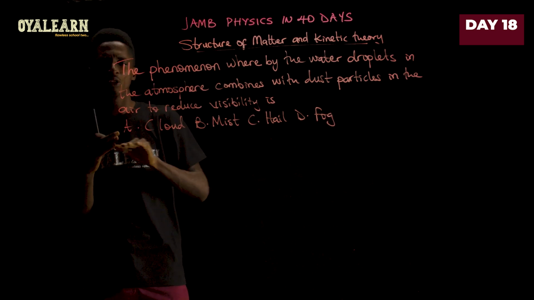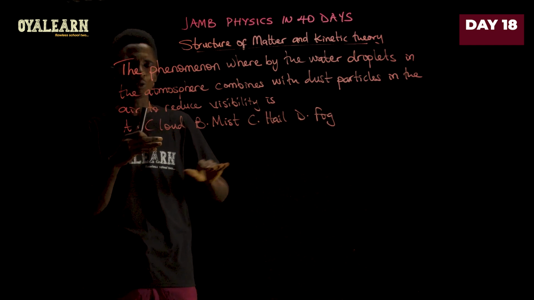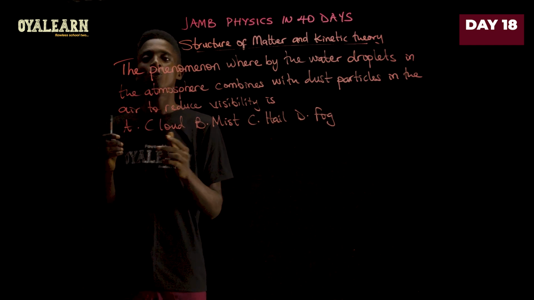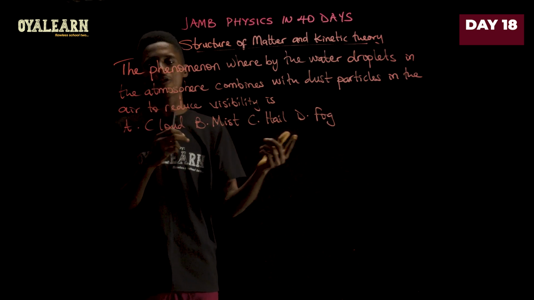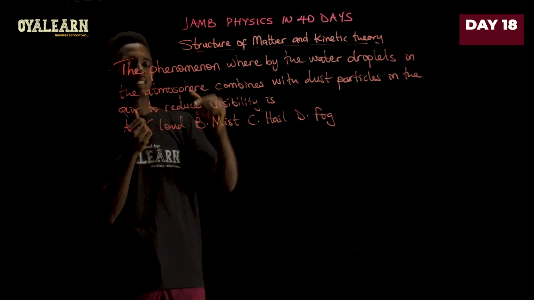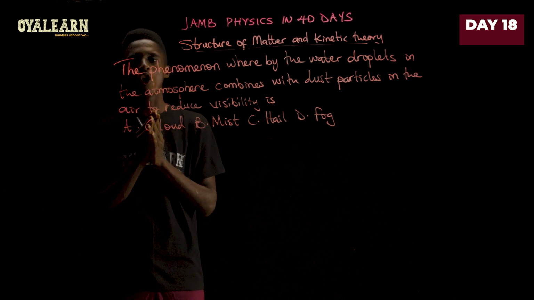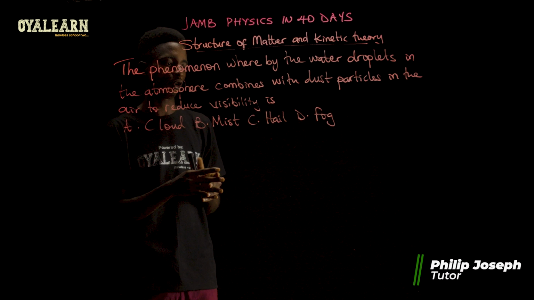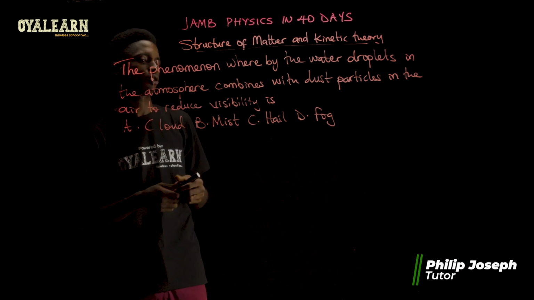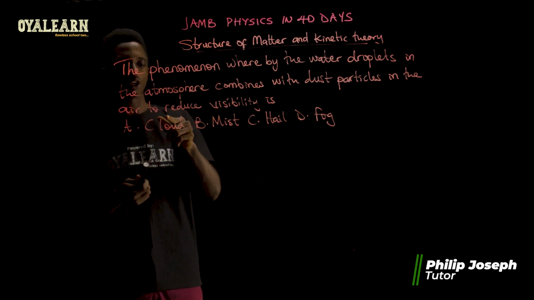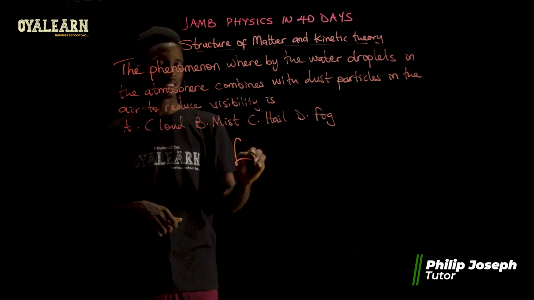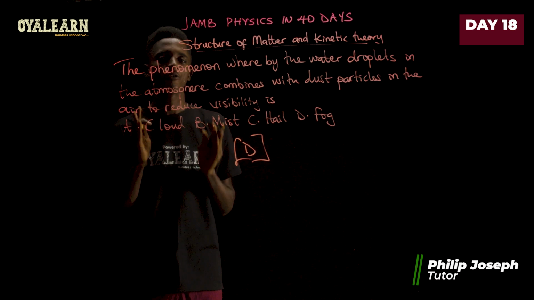While the one that happens on the top of lakes and things like that, where it looks as if there is a little bit of cloud over water, is what we know as mist. So you see the difference between them is the altitude at which they occur and also the amount of humidity you have when they occur. So for this particular question, we're going to focus on the part that is reduced visibility and then go on to choose option D, which is fog.